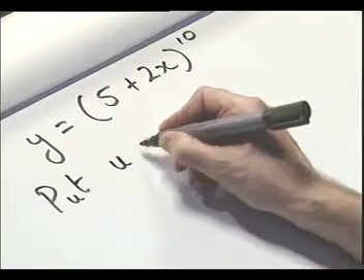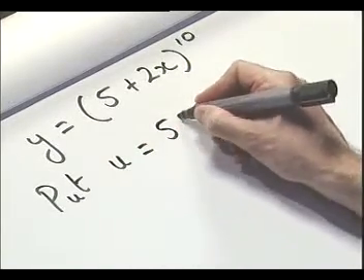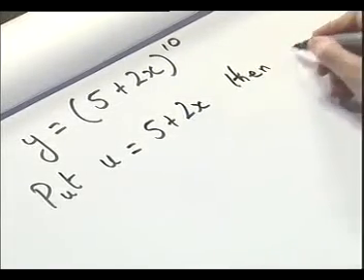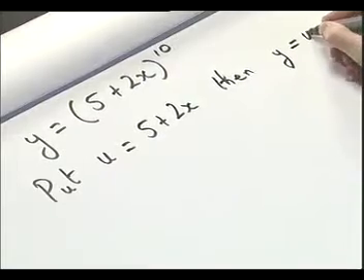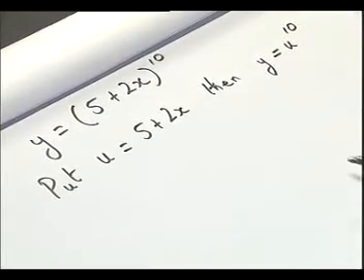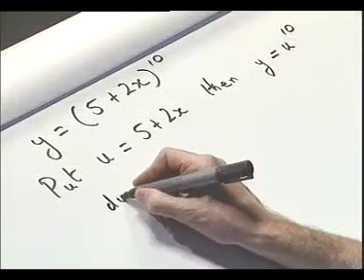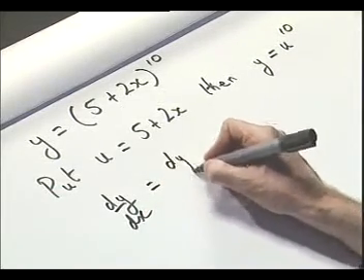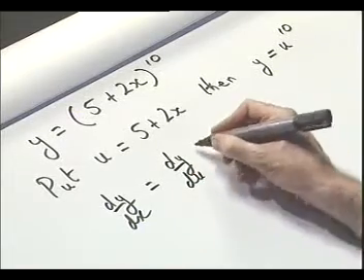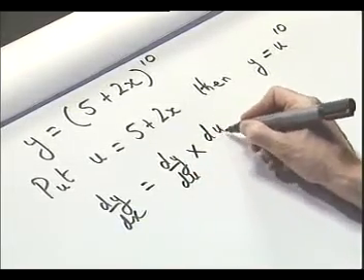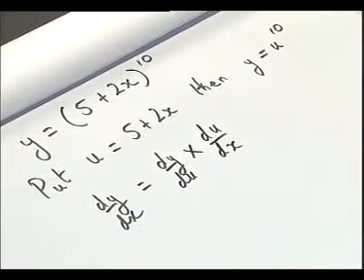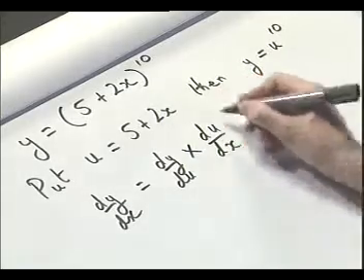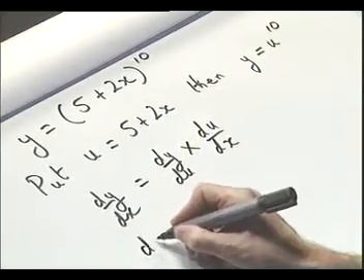We put u equals 5 plus 2x, and then y is equal to u to the power 10. dy by dx is given by dy by du times du by dx. And we can work out each of these two, dy by du and du by dx. So let's have a look at that.